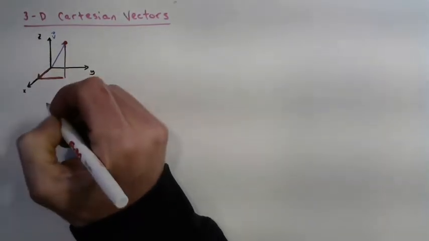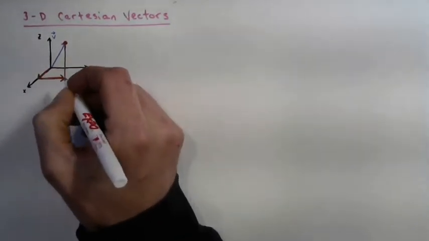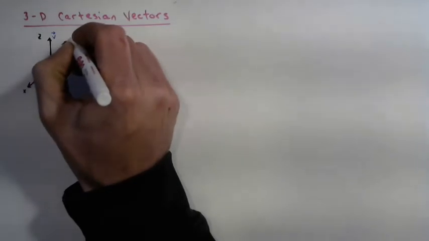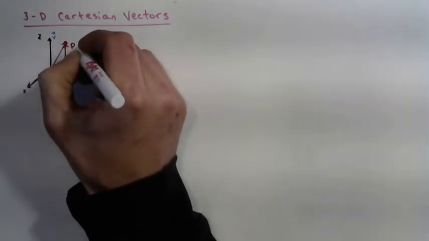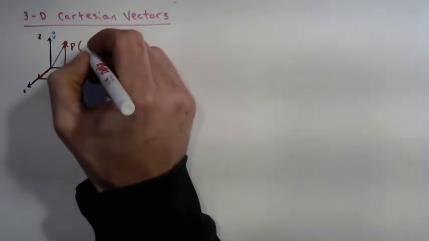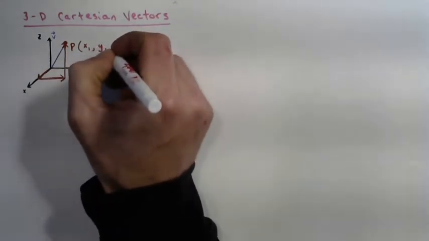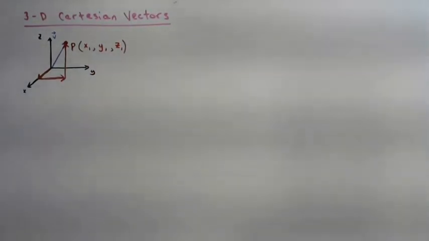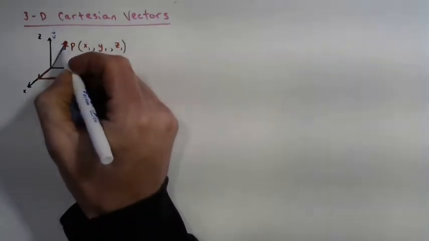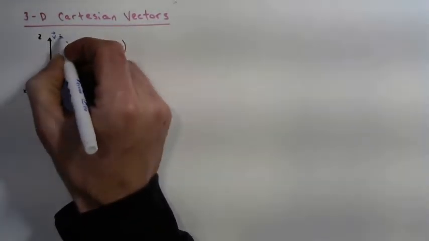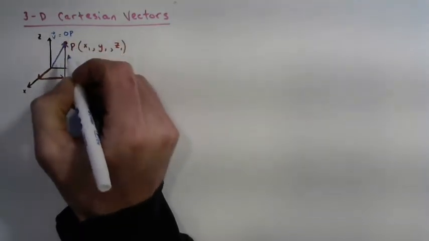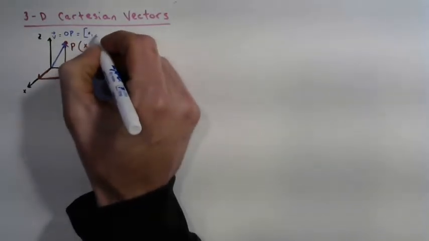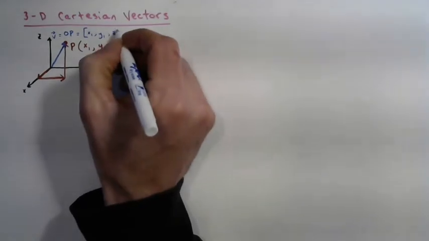So we went this far in the positive x, this far in the positive y, and this far in the positive z, and we ended up at point P, which can now be represented by the coordinates x1, y1, z1, which means that our vector v, represented here in blue, is the line segment OP from the origin to point P, and it can be represented with square brackets as [x1, y1, z1].